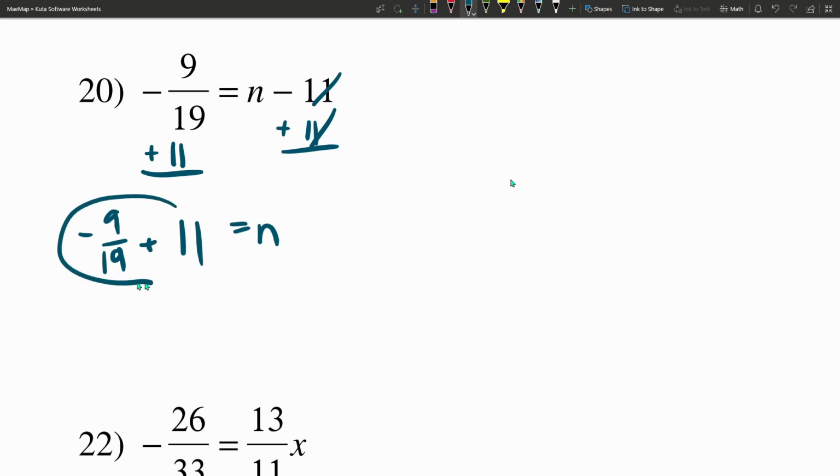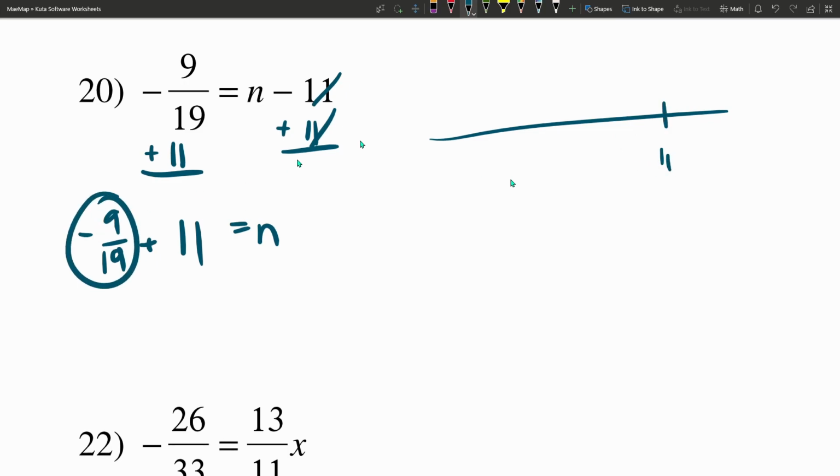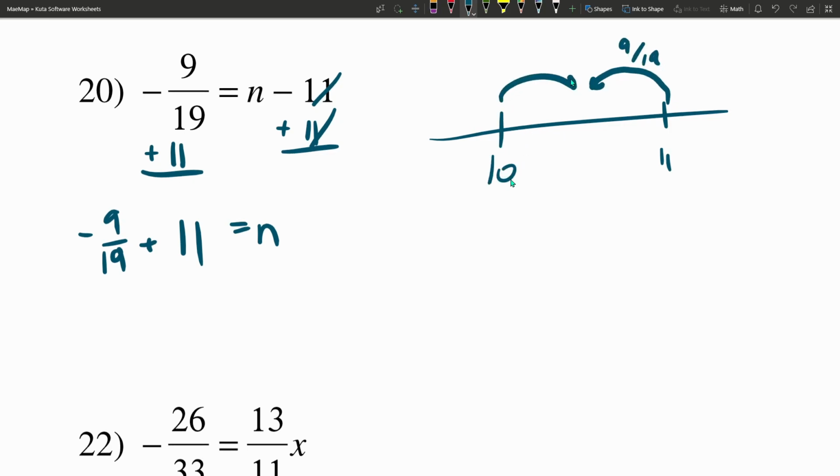Now, unfortunately, we can't write this right off the bat as a mixed number because it's a negative and a positive combined together. But if we go to our number line, if we have a positive 11 and we're subtracting 9 19ths, we're going to be at 10, and how many 19ths do we need to add to 9 to get 19 19ths? That'll be 10.